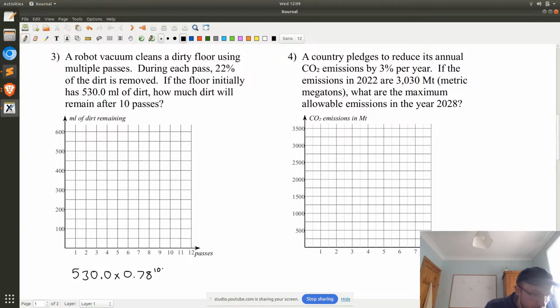Which is 44.2. That many milliliters of dirt. So we write down that, and we have this decay function here.